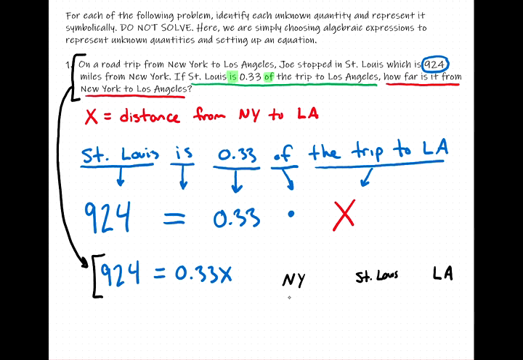And we're given New York to St. Louis, that is 924. And New York to LA, that is unknown. You don't have to draw it out like this. It's just another way of thinking.